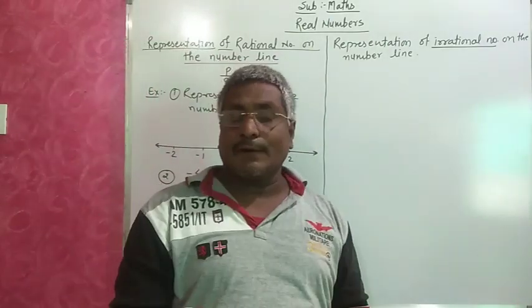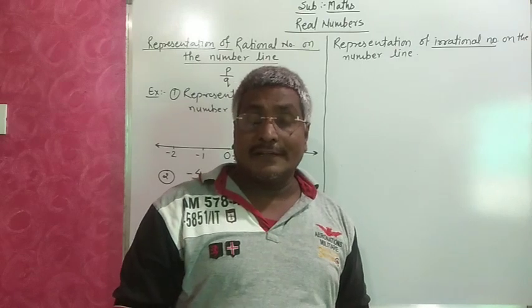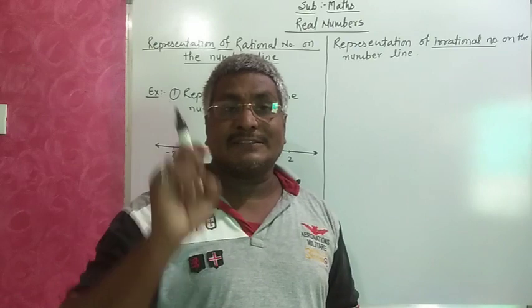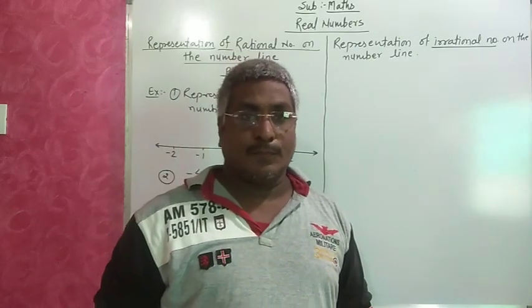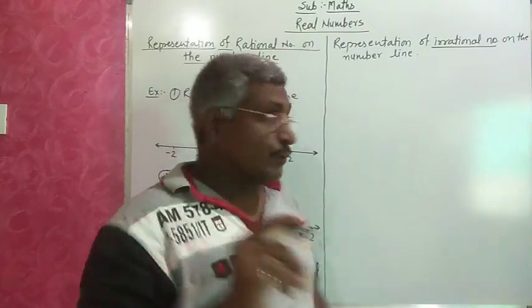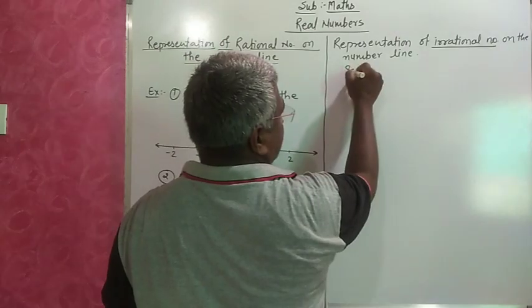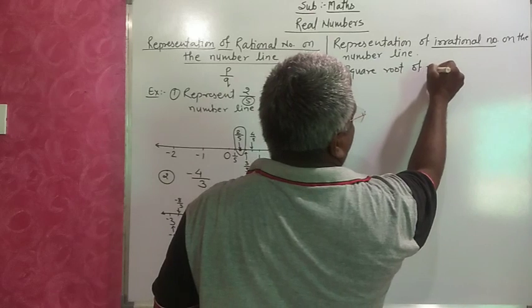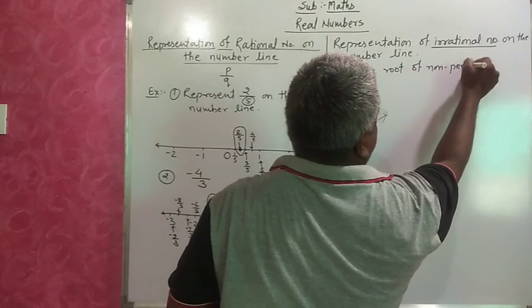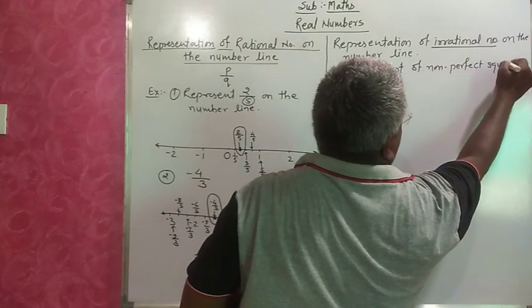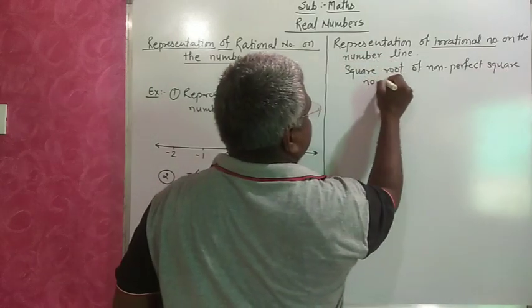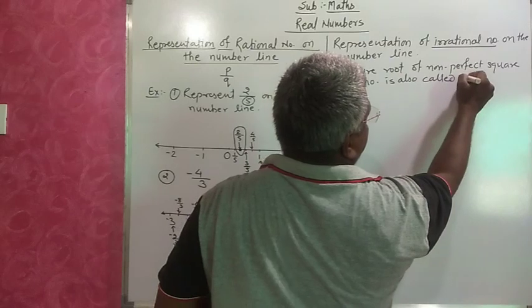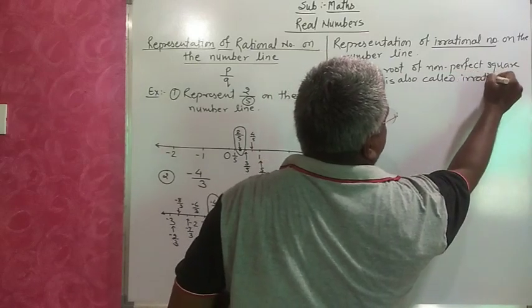Or another way I gave the definition: the square root of a non-perfect square number is also called an irrational number.